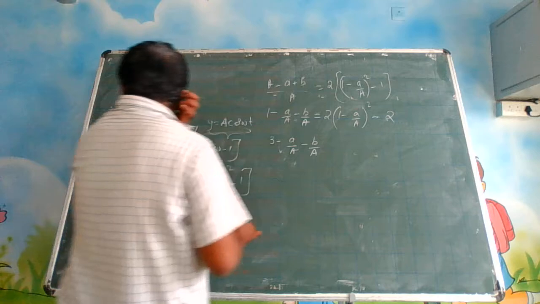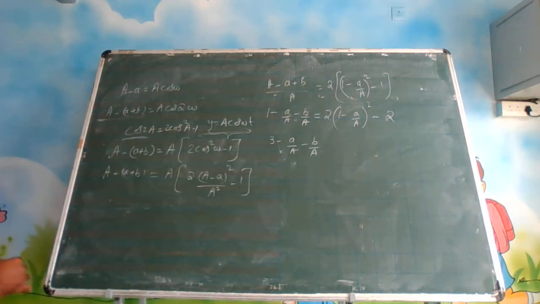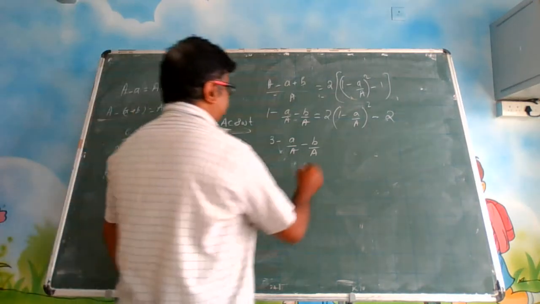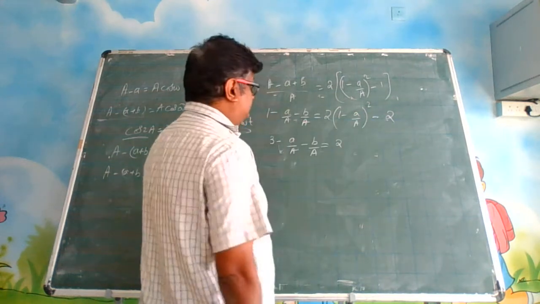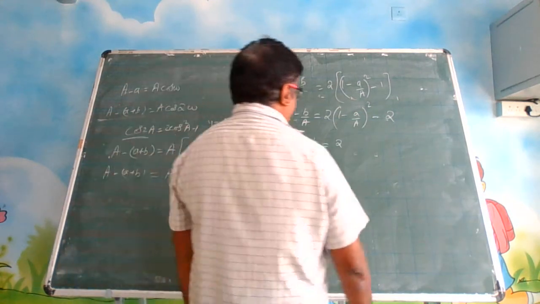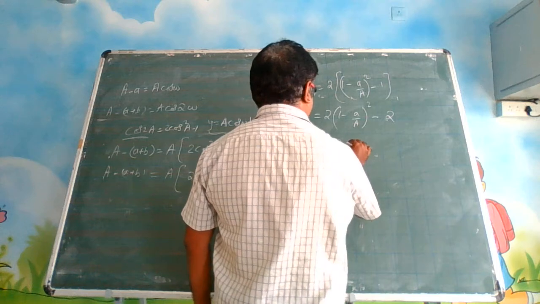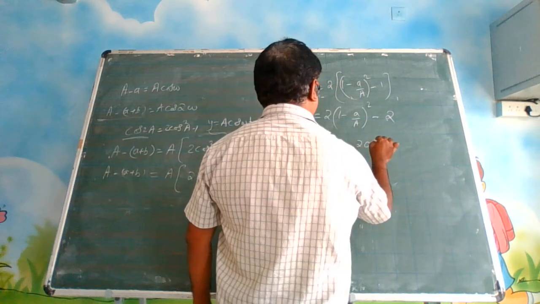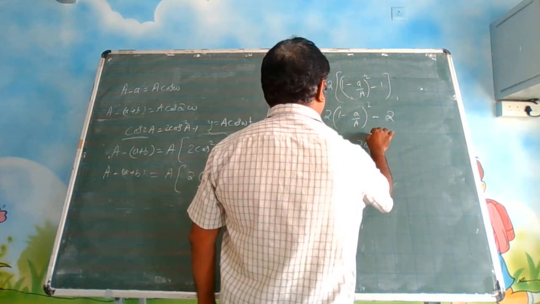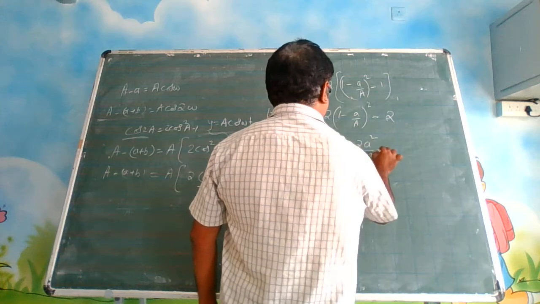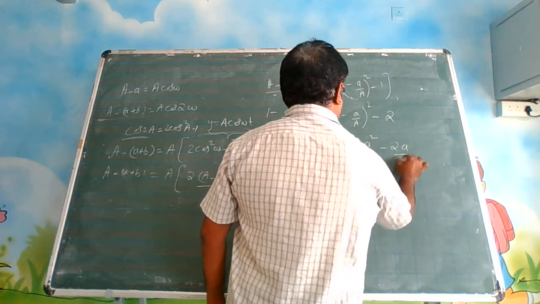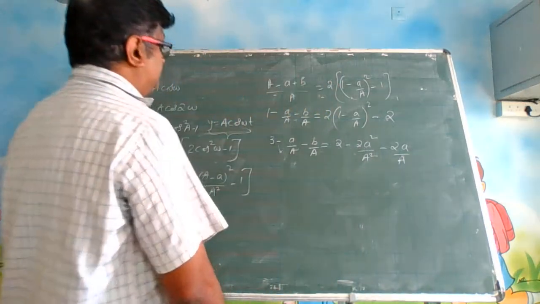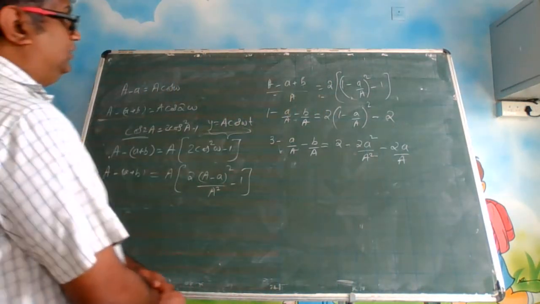b by a, okay, is equal to, expand this, a square plus b square plus 2ab minus 2ab. So this is 2 into 1, then it is 2a square by capital A square, and then it becomes 2a by a, isn't it?